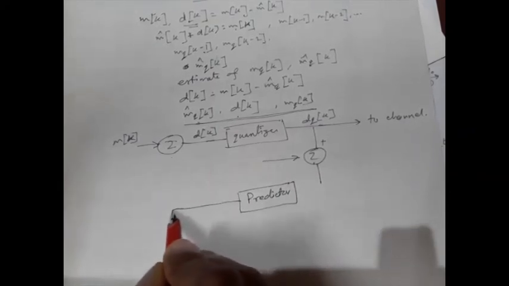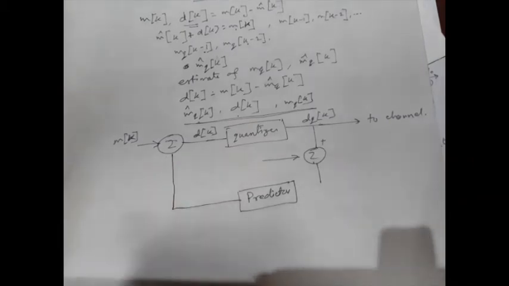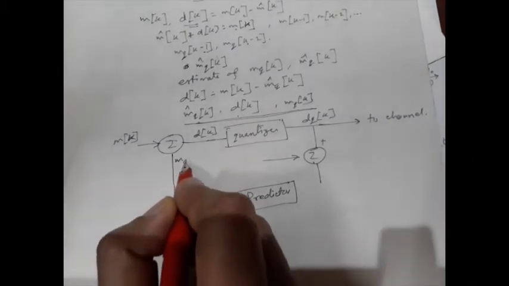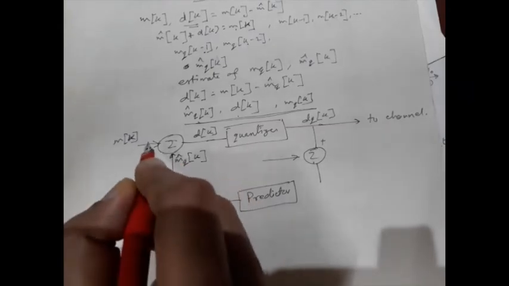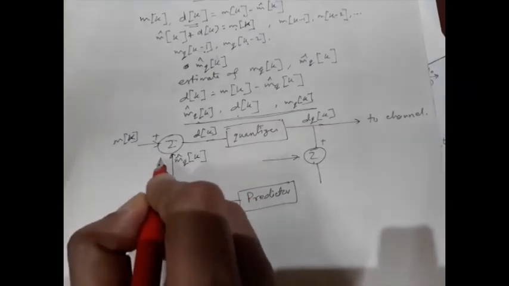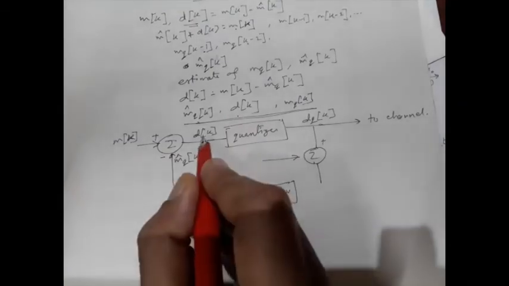The predictor output must be MQ cap K, and that must be subtracted from this MK to produce this DK.